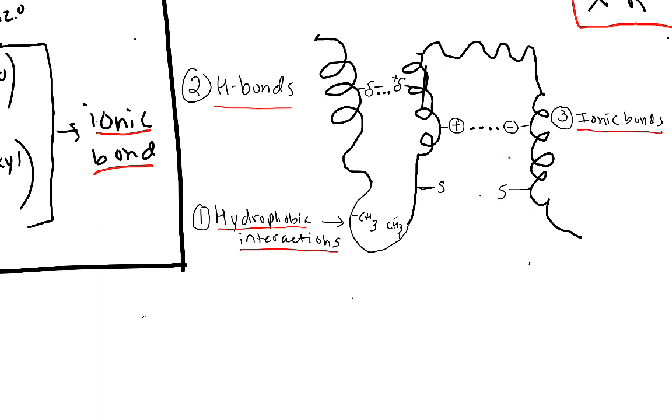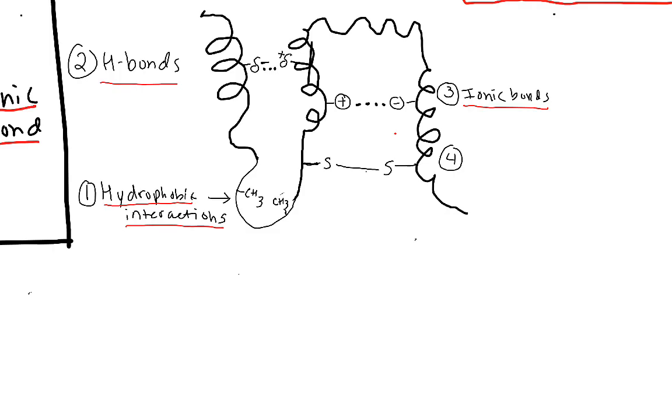When they come together, they lose the H's, and they can actually form a covalent bond. The rest of these are weak interactions relative to covalent bonds. But there are some between these cysteines if they're in the right place. And we call this a disulfide bridge because it connects them.